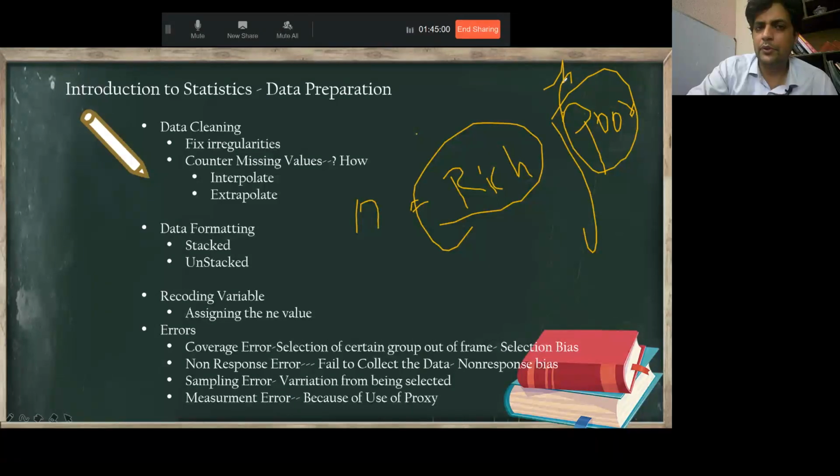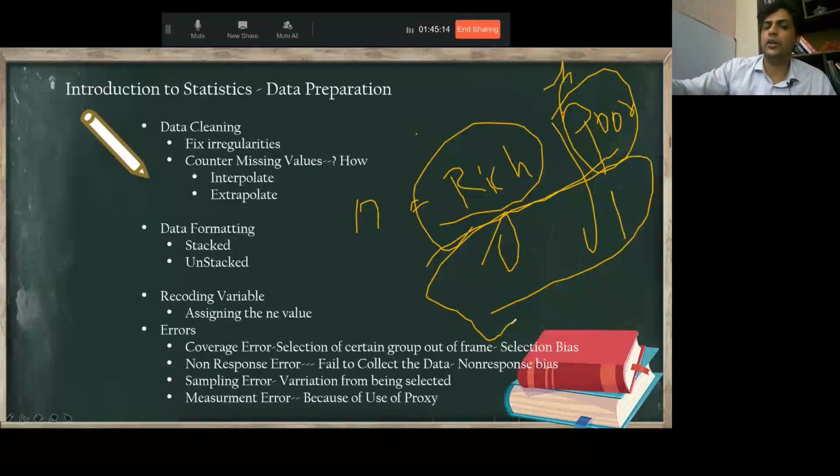It's just an example, okay? If a student with good marks is rich, I give 0, and if the student is poor and having good marks, I mention 1. So now I assign the new values to the same variable. So that's how the stacked variable works. That's how we do the recoding.